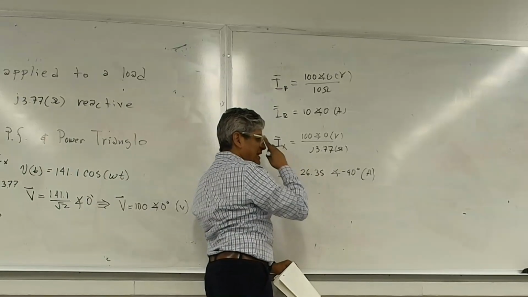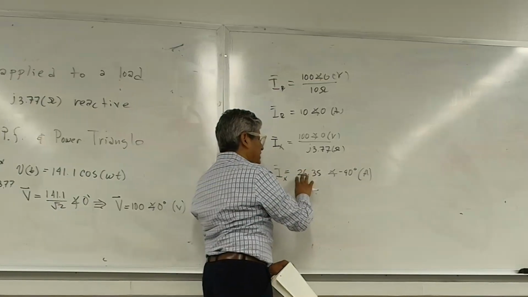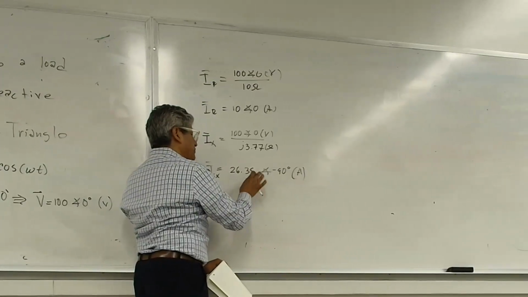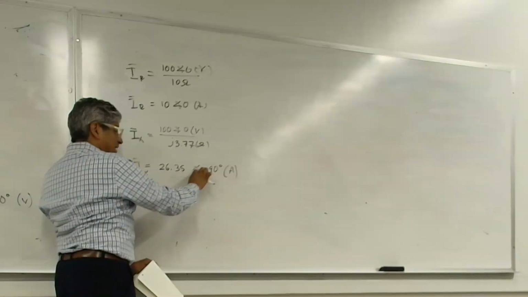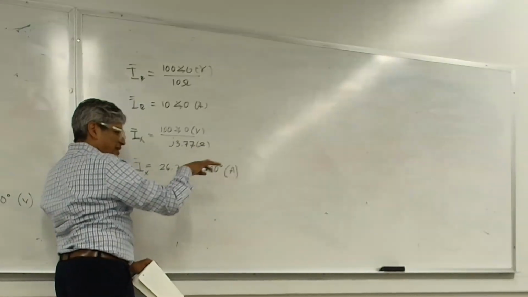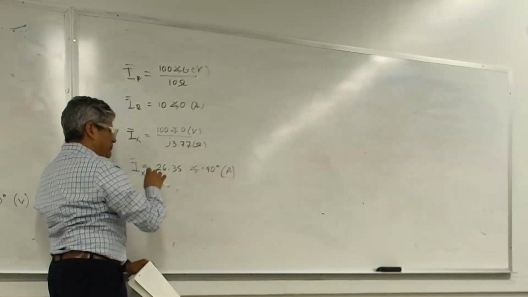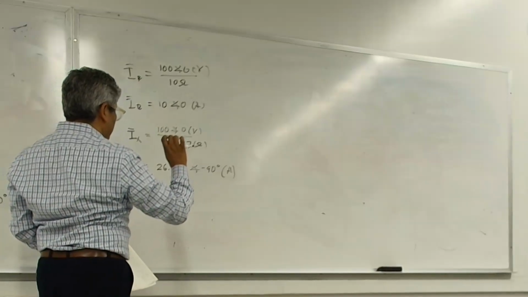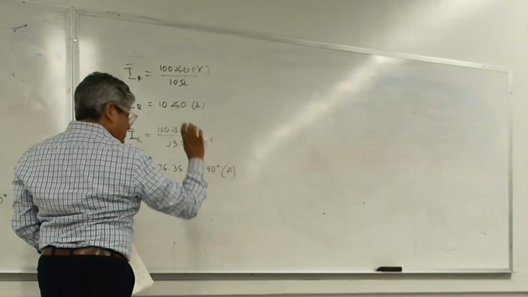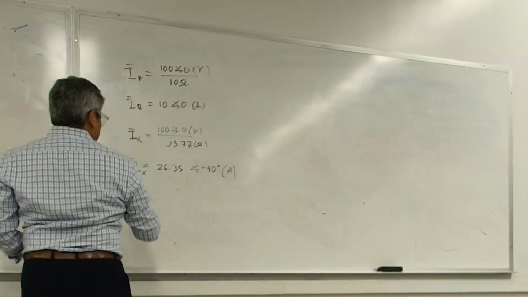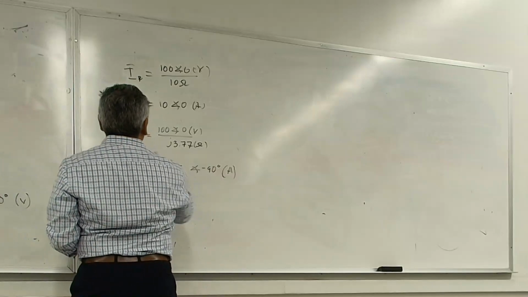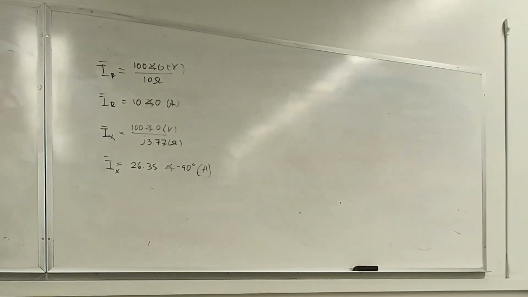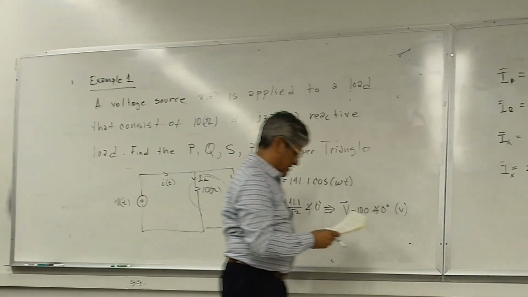So if you see it again, my apologies. The actual answer is 26.35 angle minus 90. And I got some numbers here which, when you plug them into your calculator, you lose some accuracy, but it's very minor. I'll tell you what I'm talking about as we go along. Anyway, so I now have the current flowing through this one, and the current flowing through this one right here.